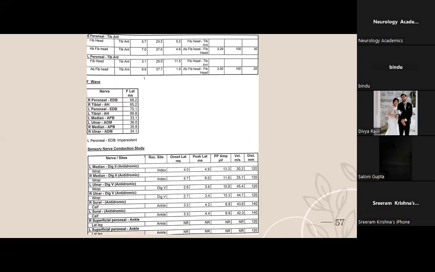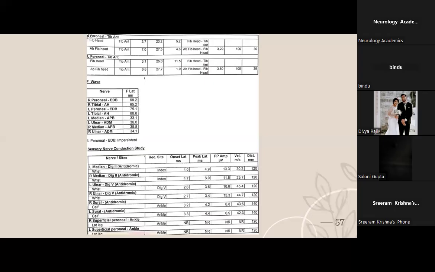Then F waves are prolonged in the right peroneal, right tibial, left peroneal, left tibial. Then in the upper limbs also, the left median, left ulnar, right median. So there is a diffuse prolongation of the F wave latencies, significantly in the lower limbs, all the nerves.